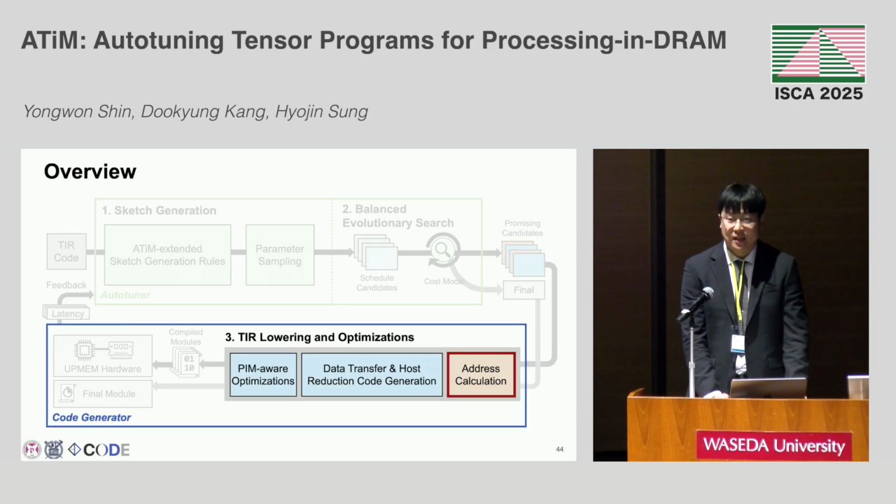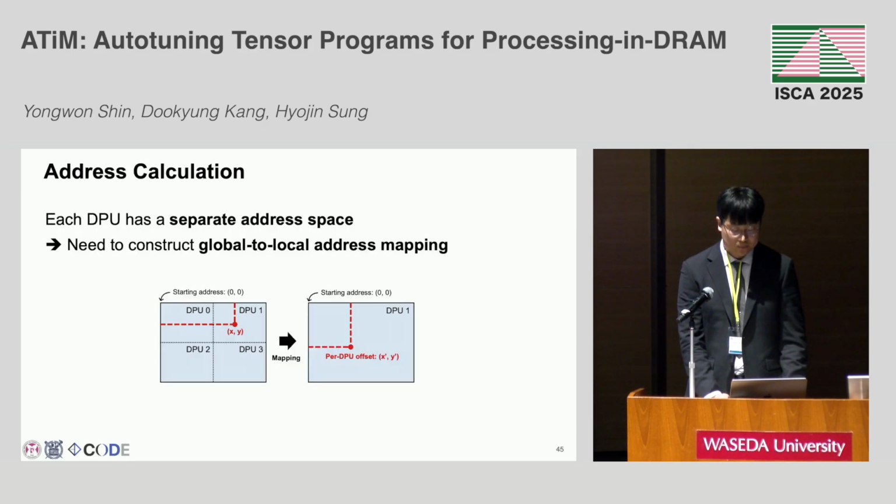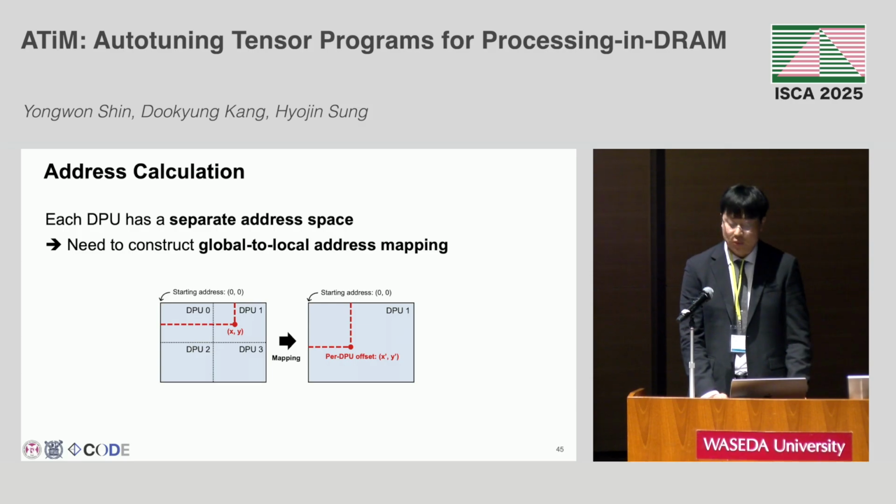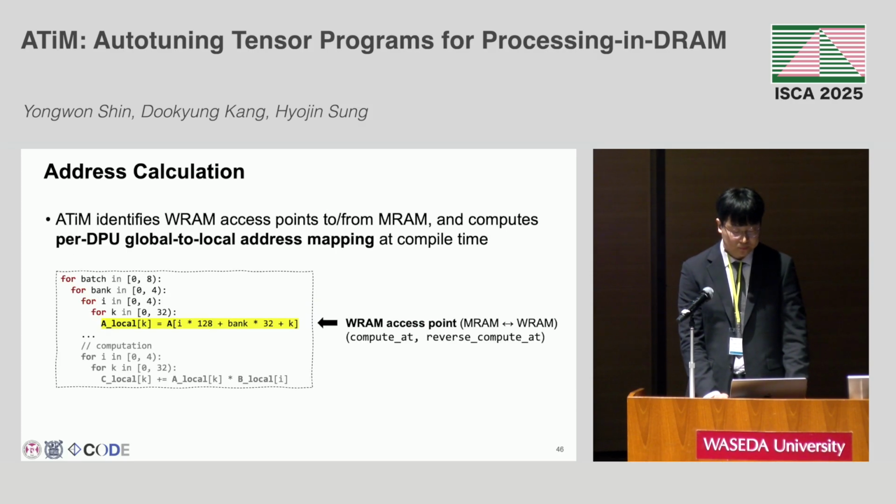Now I'm going to explain TIR lowering and optimization passes, starting with address calculation. Address calculation is needed because each DPU has a separate address space in UPMEM. So ATiM needs to calculate per-DPU offsets from the global host address. ATiM first identifies WRAM access points to and from WRAM.